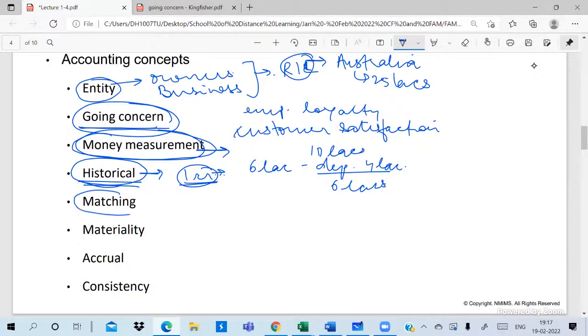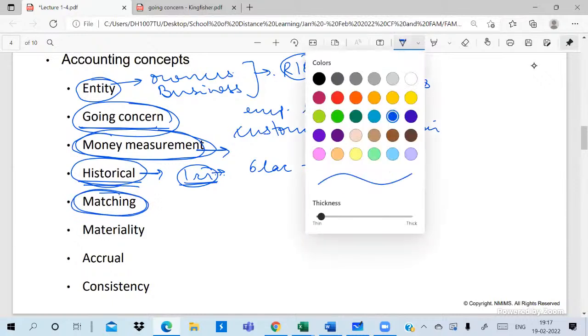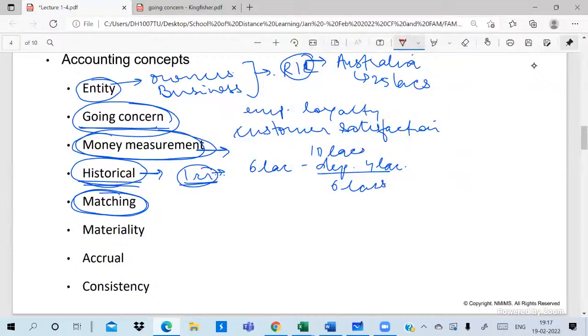Then let's look at the next one, which is matching concept. Anyone who can tell me what do you mean by a matching concept? What's a matching concept?